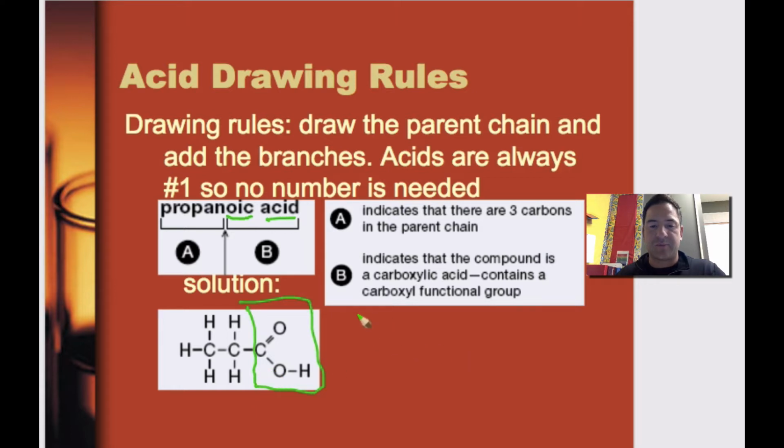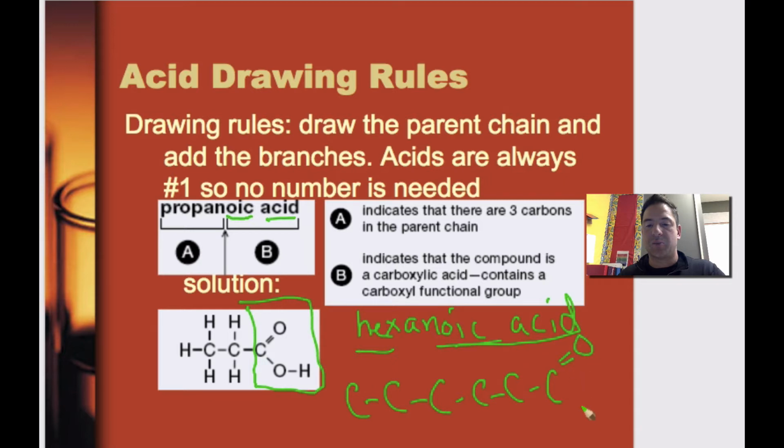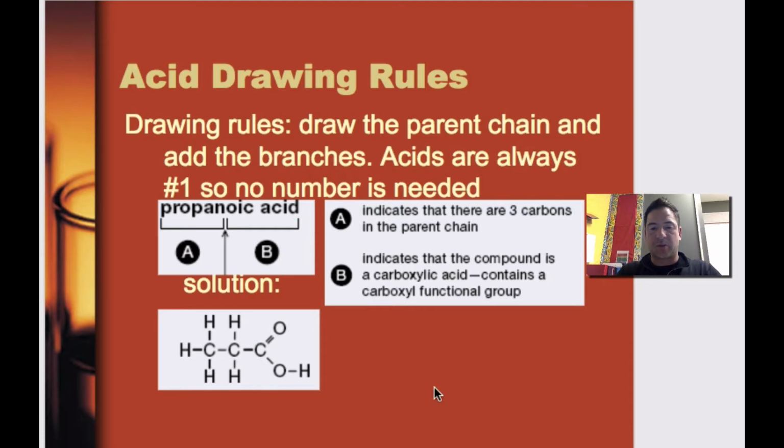So if I was to give you hexanoic acid, you would be able to draw hex, giving us 6 carbons, 1, 2, 3, 4, 5, 6, and oic acid telling us that it has to have this carbonyl attached to the last with the double bonded oxygen and this O hydroxyl attached. Okay, and then I can add my hydrogens if I want here. Okay, so anyways, that's carboxylic acids.